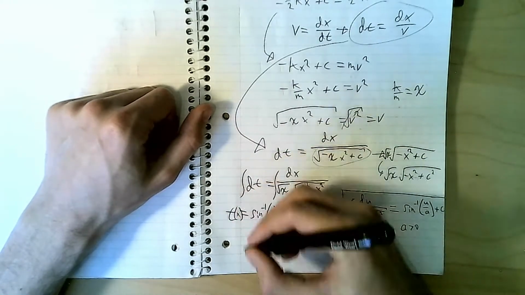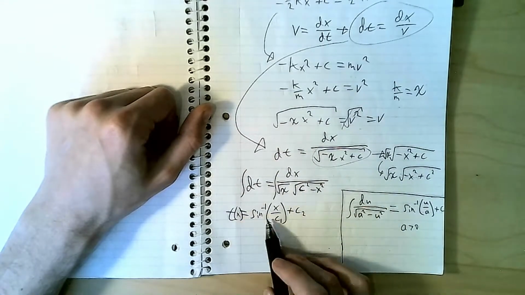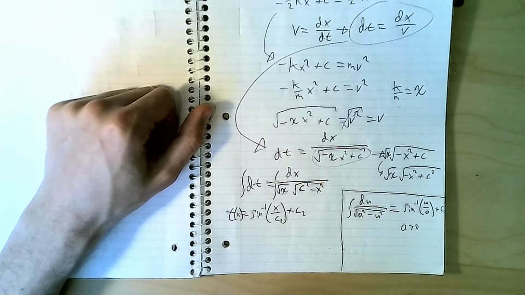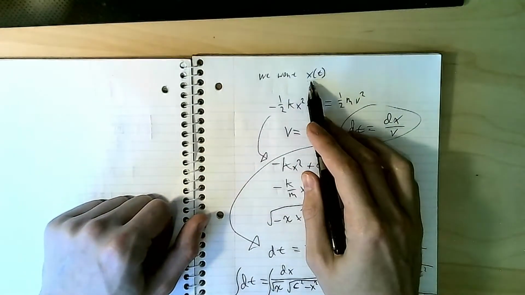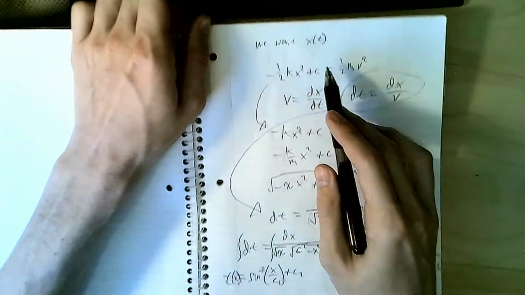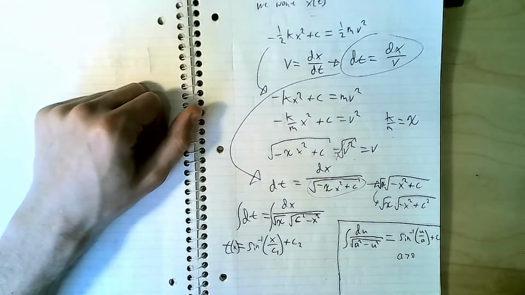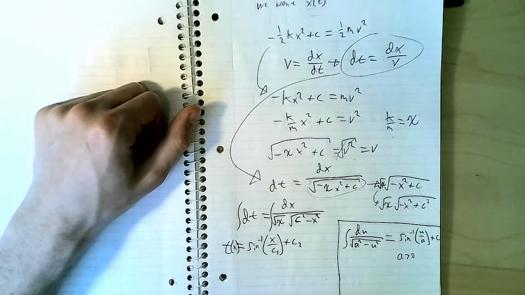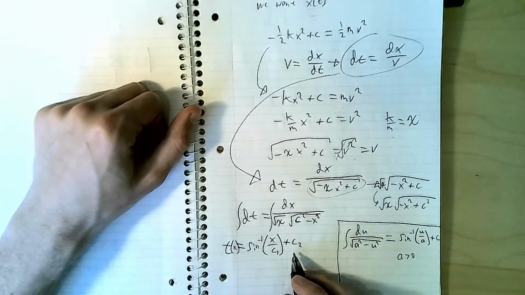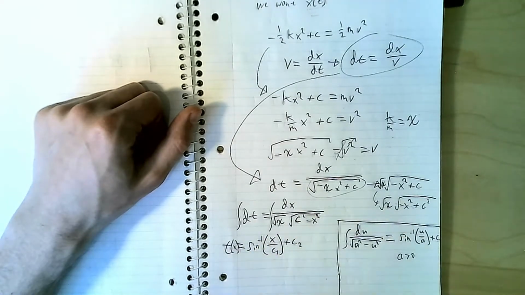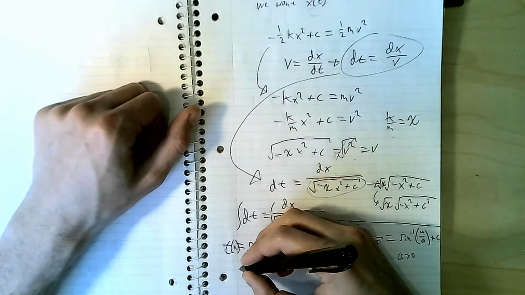And here we have a function t of x. This is time as a function of position. But what did we want again? We wanted x as a function of time. So, well, now we can just take the sine of each side, right? Well, let's move over our constant here first.